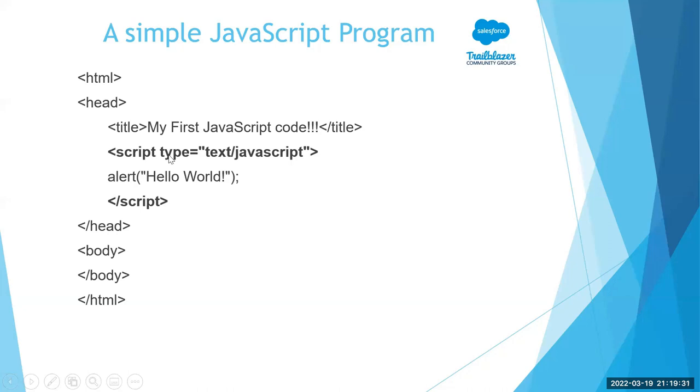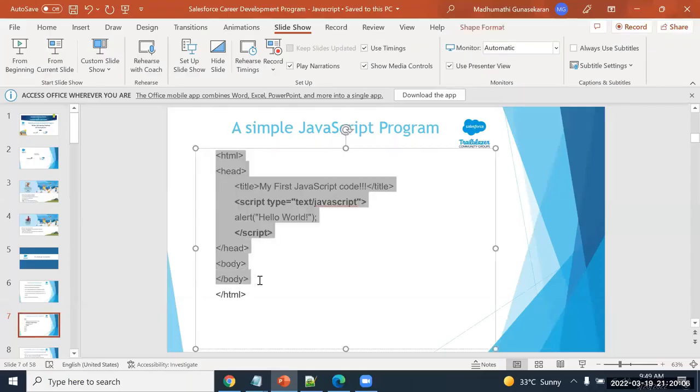There are multiple versions of JavaScript available, right? ES6 has the most advanced features, and before the ES6 release, you have to give this type. Type equal to, we are telling the client that it's JavaScript coding. We have to tell the client to consider the below piece of code as JavaScript code. So I'll put this in the HTML file.